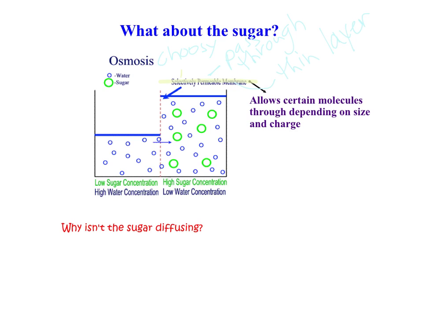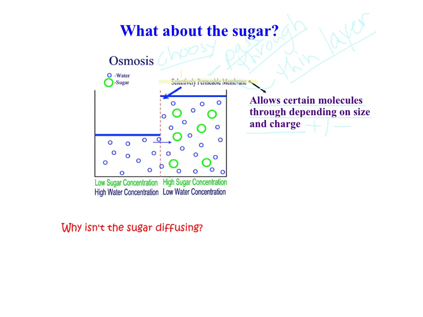So a selectively permeable membrane means that it is a choosy, thin layer that some things can pass through. Basically, it allows certain molecules through depending on their size and technically if they have a positive or a negative charge, but we're not going to spend long talking about that.